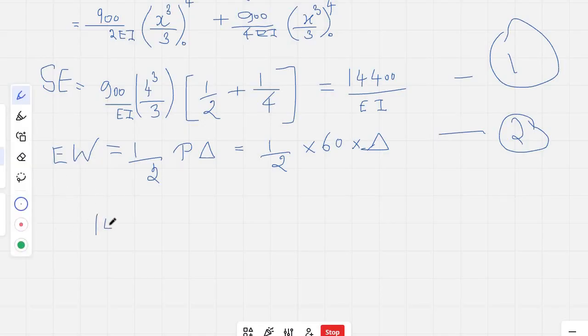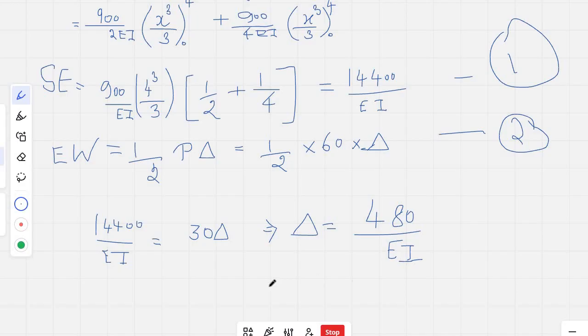So 14,400 by EI is equal to 30 delta, which implies delta equal to 480 by EI.